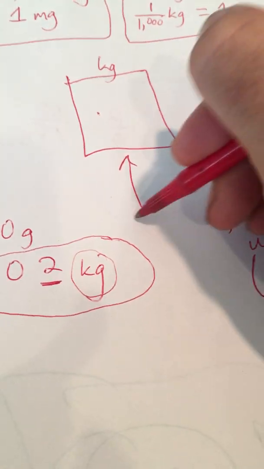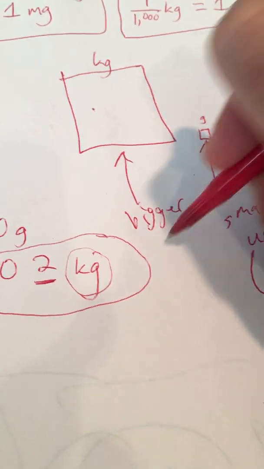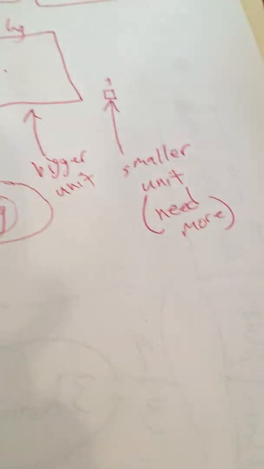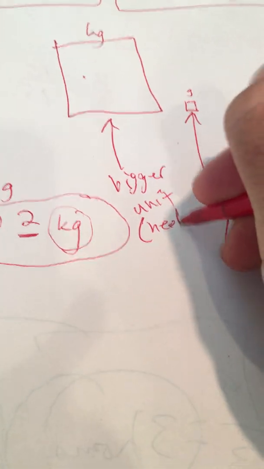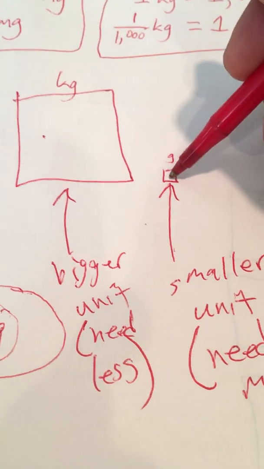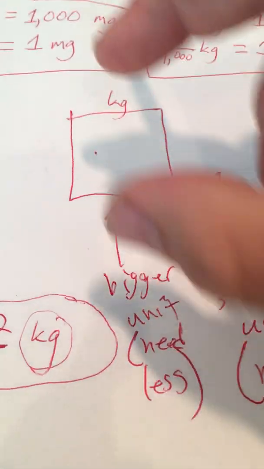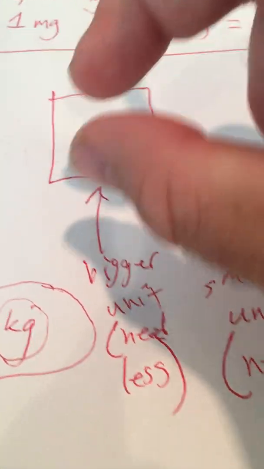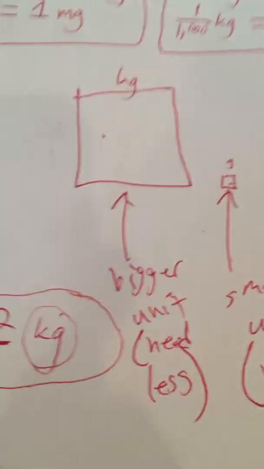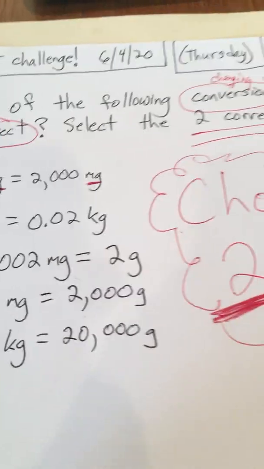So kilograms is a bigger unit. You're going to need less of them. Okay, so try to make sense of that for a second. A smaller unit, you're going to need a lot more of them to equal another unit. A bigger unit, you're going to need a lot less of them because they're bigger. Okay? So let's go through here.